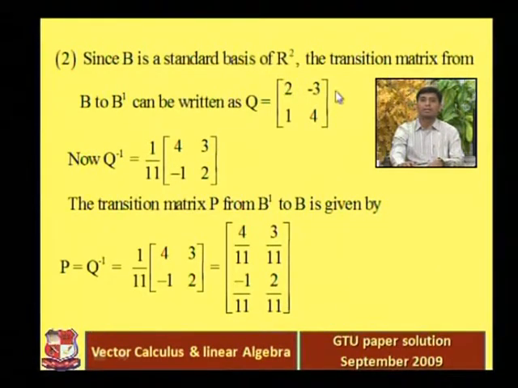The determinant is 4 into 2, 8, plus 3, that is 11. So 1 upon 11 times [4 3; minus 1 2]. This is Q inverse.